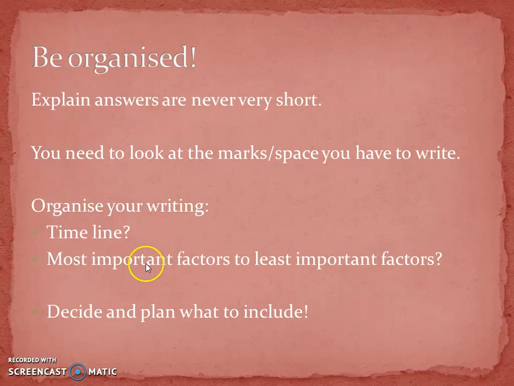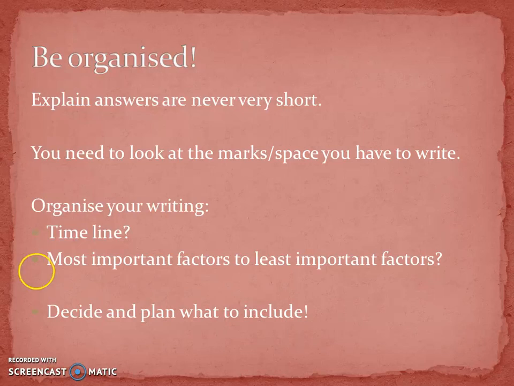You can also look at the most important factors and then work back to the least important factors. So if you're writing an explanation of Macbeth's downfall, you would start with his murder of the king, because that's what sets everything rolling. Yeah? Then you might go on to some of the other more subtle factors in his personality and so on.